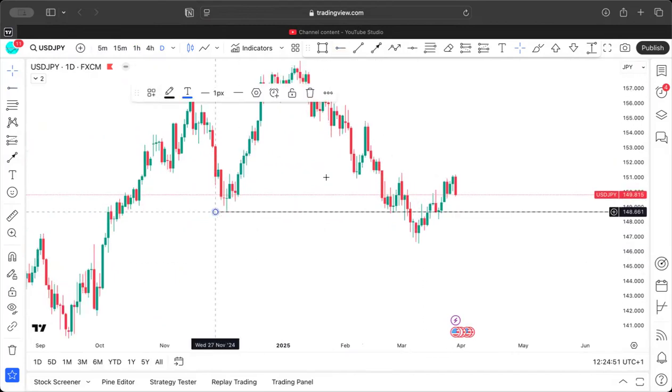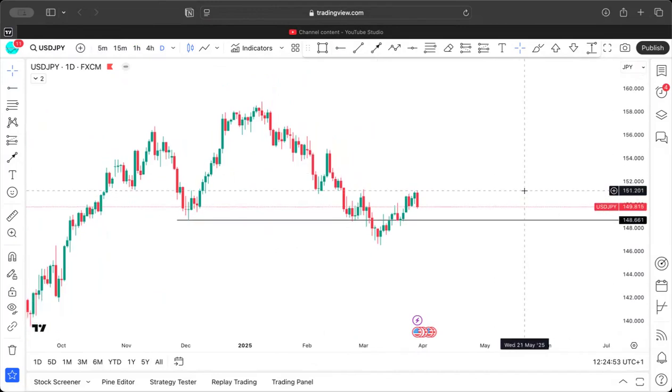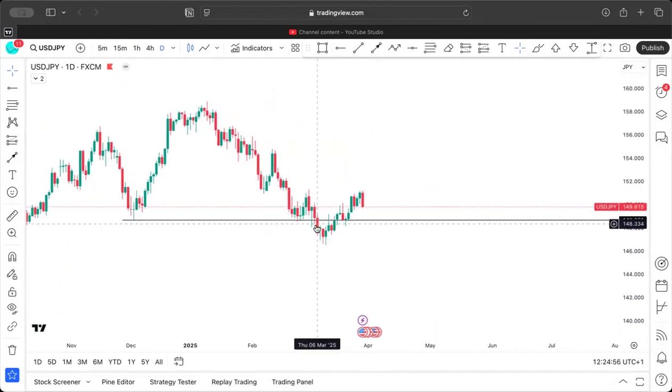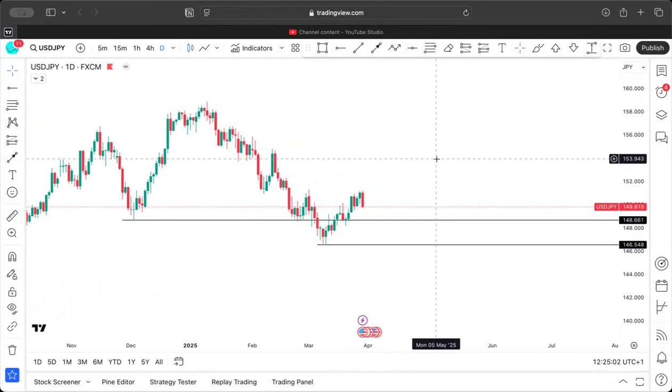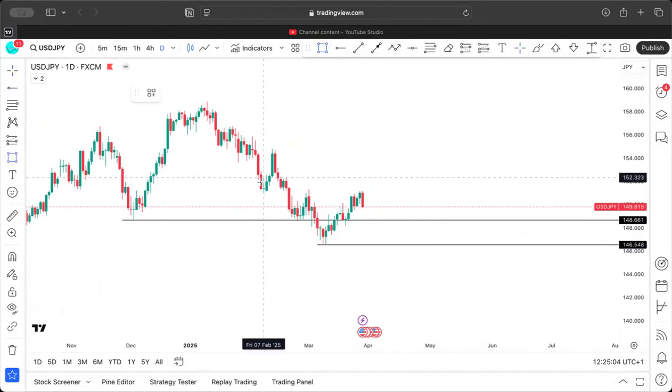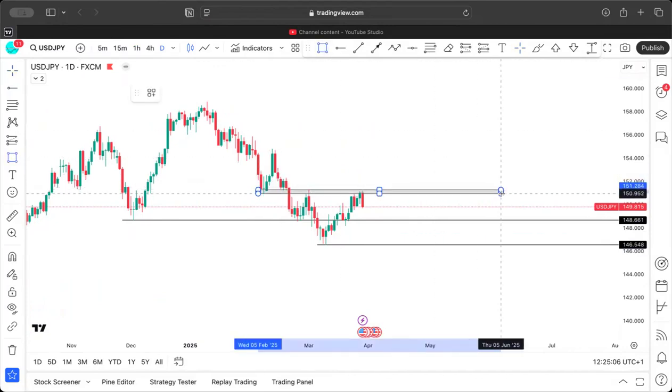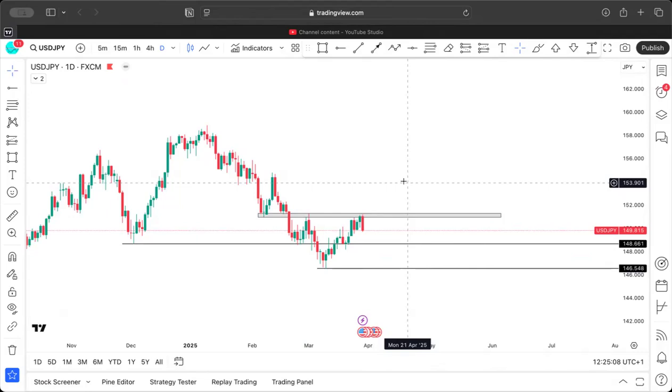This was the major level previously on the market. So the market came back into this level to break below by giving us a new support level. And this was the previous level that the market broke out from on the daily market structure.